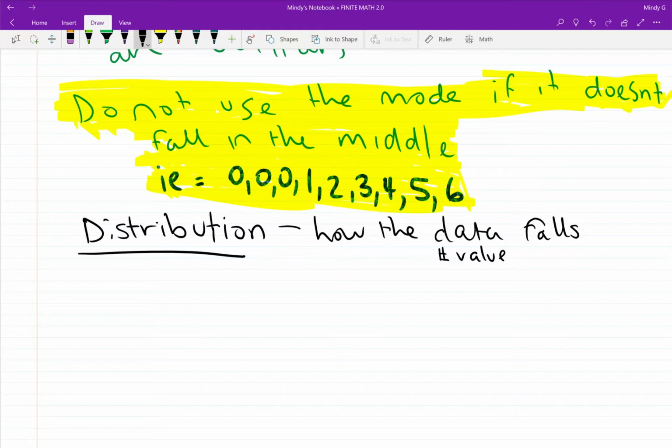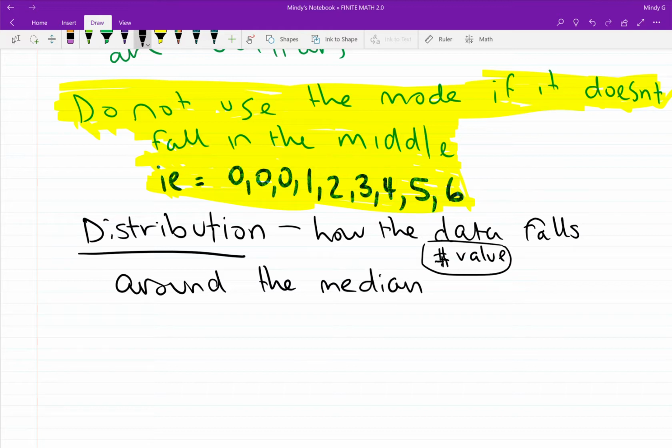How the data falls around the median. Around the true center. So when I say median, I'm talking about the true center value. I have 5 on that side, 5 on that side.